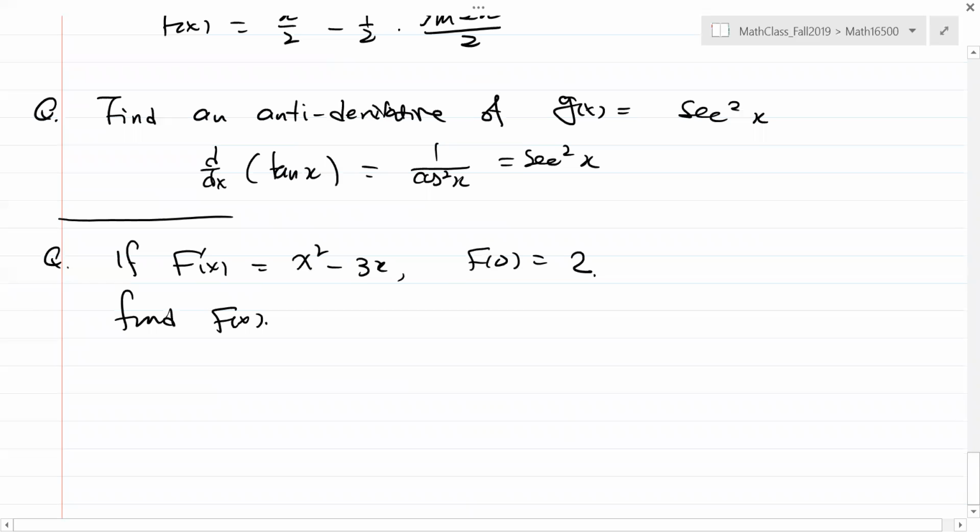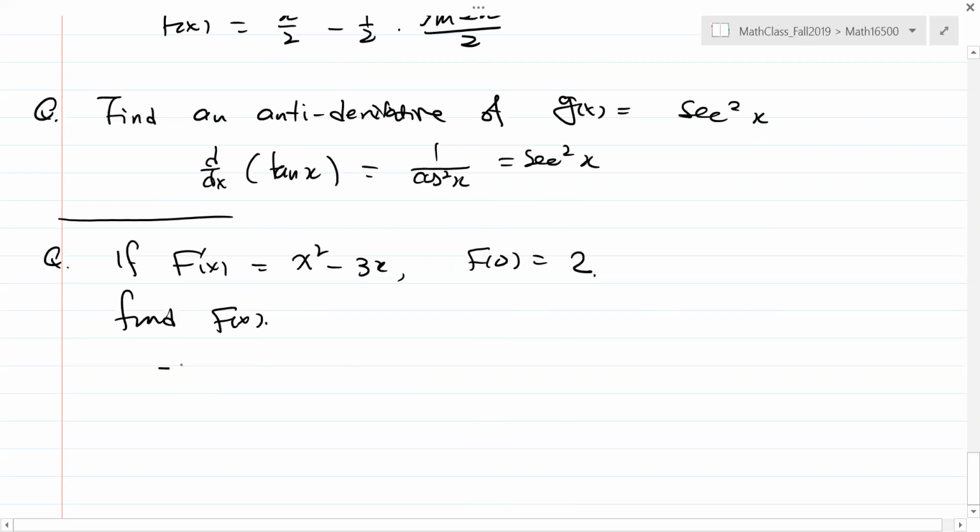You have to get a general formula first, then determine the constant, because if you just write down any antiderivative, it probably does not match the given information. So you have to find all of them, then find the one particular antiderivative satisfying this initial condition.